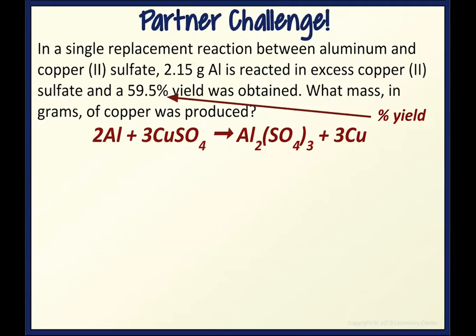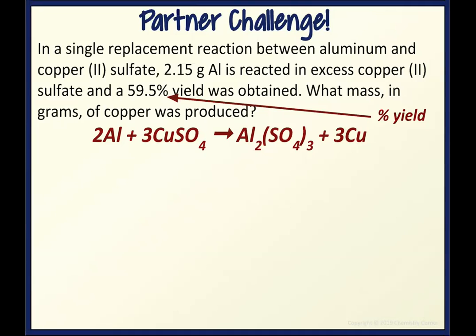So this is the equation, and it's all balanced here for you. You need to know how to do that. We've done that in past chapters. Those are things that you should be able to do. Get out your notes and find out how to do it if you don't remember off the top of your head.